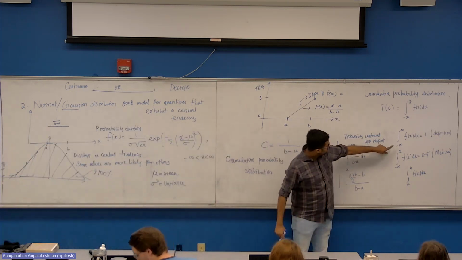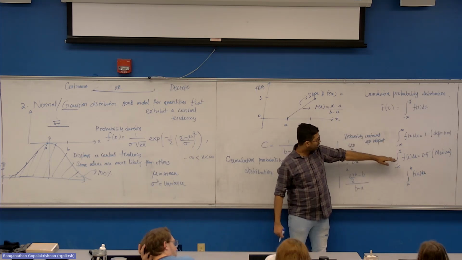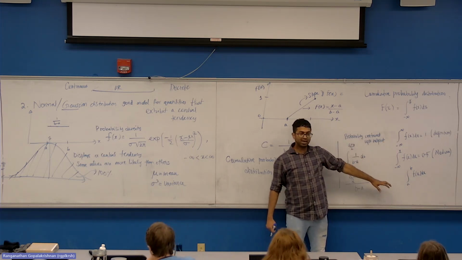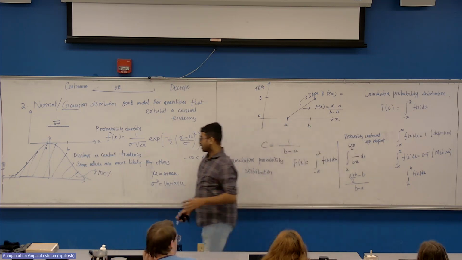It's like saying, if you consider the area under the graph to be 100%, what value of x will divide that area into exactly half and half? You don't have to stop at half.